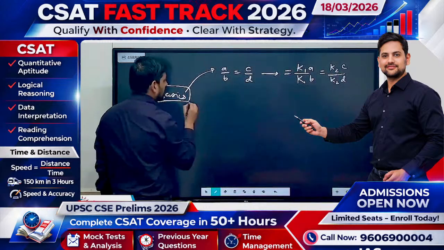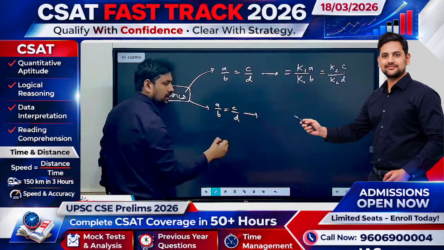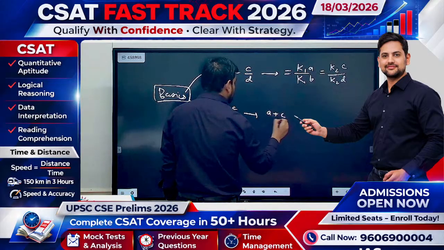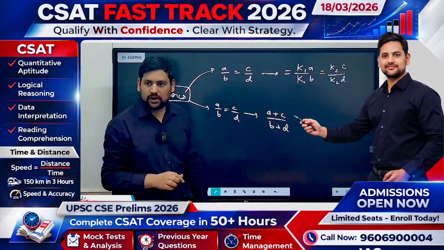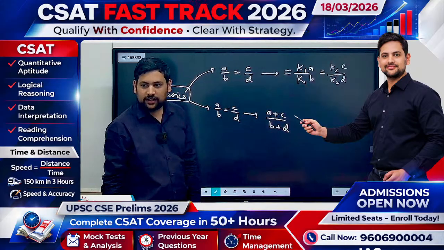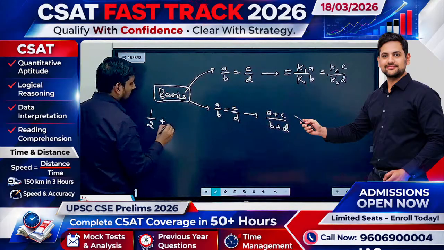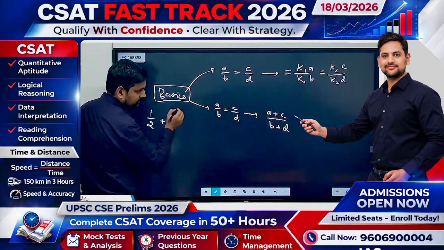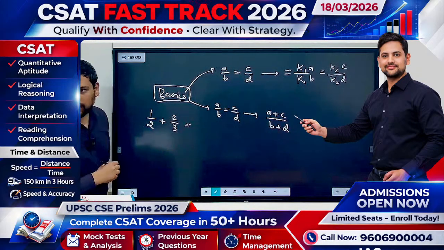Now see this. So if A by B is equals to C by D, then is A plus C upon B plus D equal to them? Let's take an example. So this becomes 1 by 2 plus, let's say, 2 by 3.